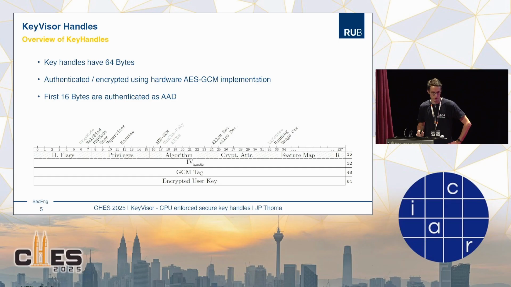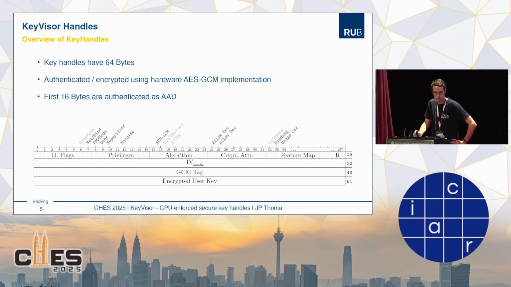Then we have foreseen a section for the algorithm. In theory, you can implement multiple hardware encryption algorithms in your CPU, and then you can allow the user to choose which algorithm is used for data encryption. For the cryptographic attributes, we have things like allow encryption and allow decryption.